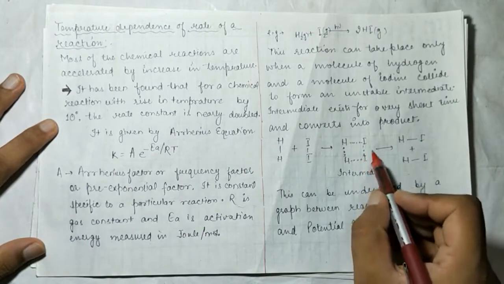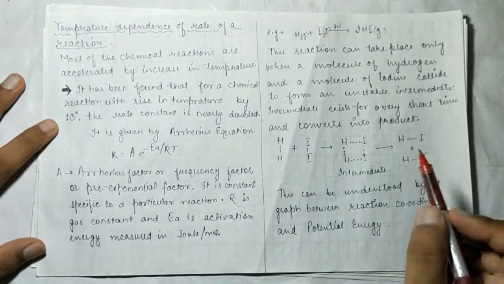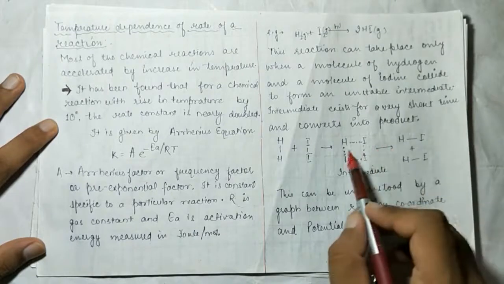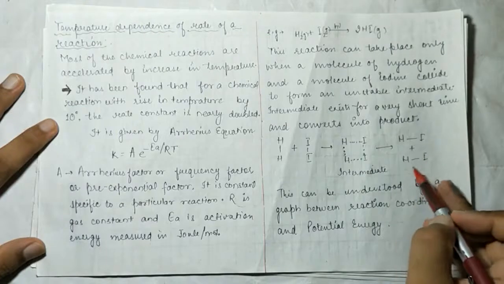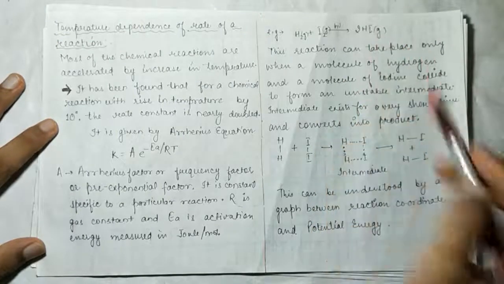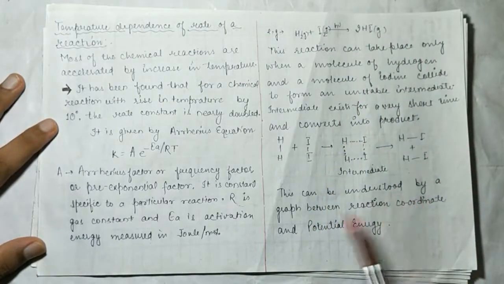Okay, and then this is quite unstable, and it makes the reaction proceed towards the product, that is HI. Okay, HI.